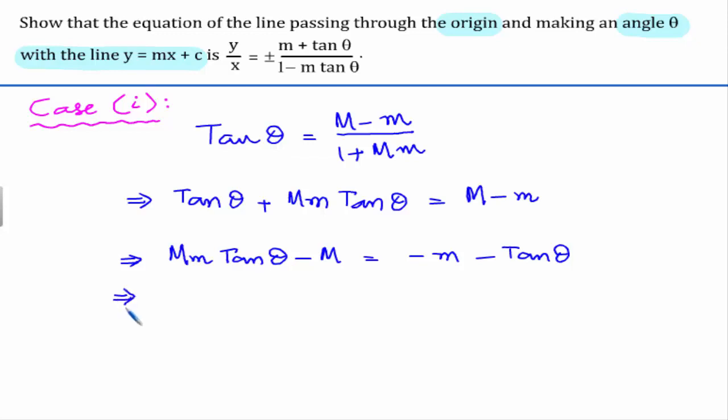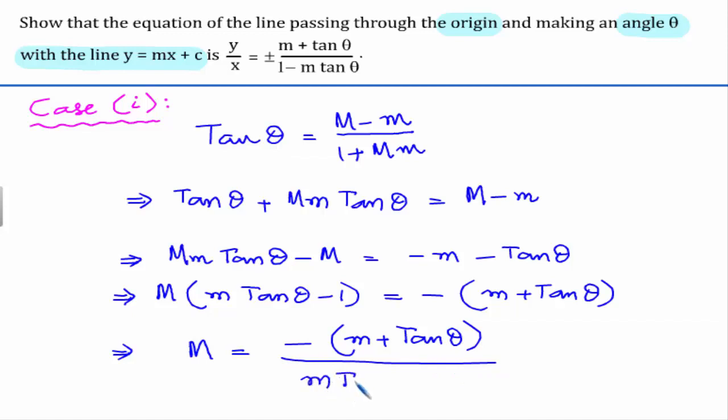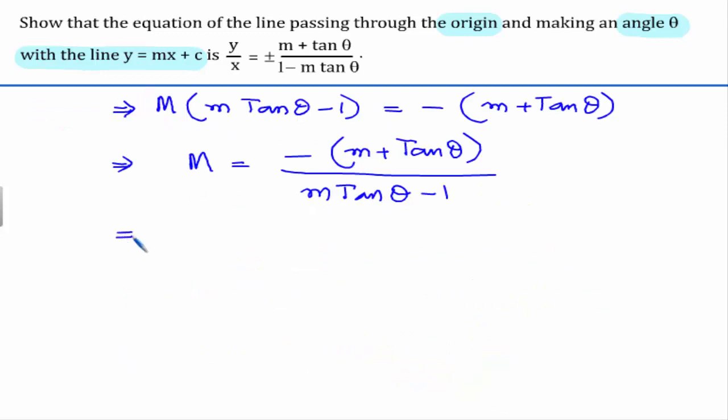Now in the left hand side, if I take capital M common, then I'll get M into m tan theta minus 1 is equal to minus of m plus tan theta. So this will be M is equal to minus of m plus tan theta by m tan theta minus 1. So now further simplification, so the capital M is equal to m plus tan theta by 1 minus m tan theta.